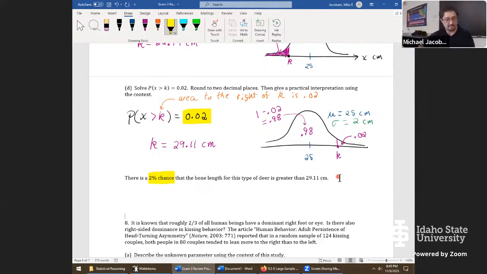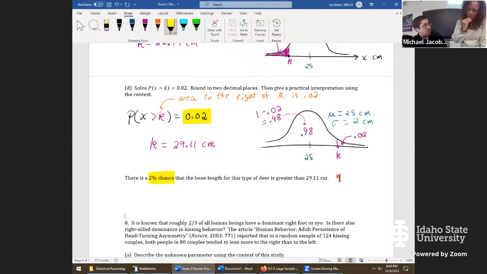Hey, question? For some reason, my calculator isn't working on this last one. Oh dear. So how did you get the information in? Bars, normal CDF.